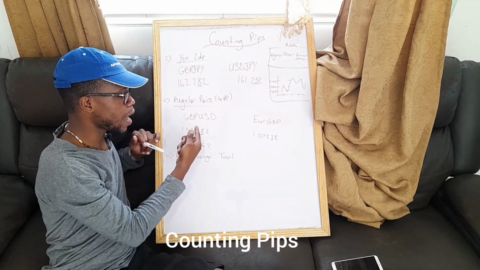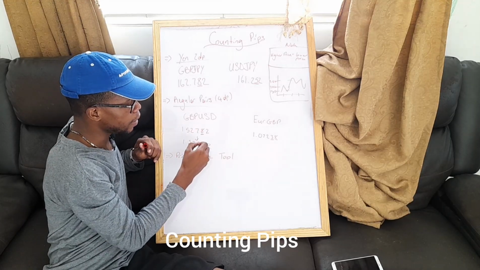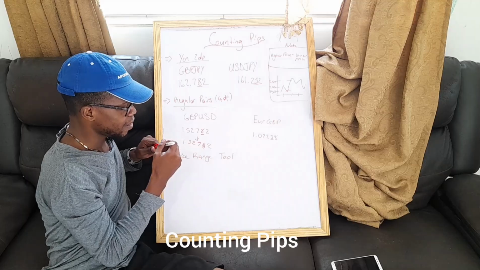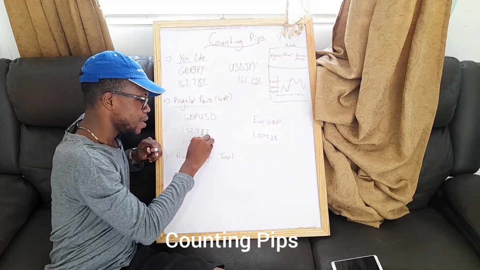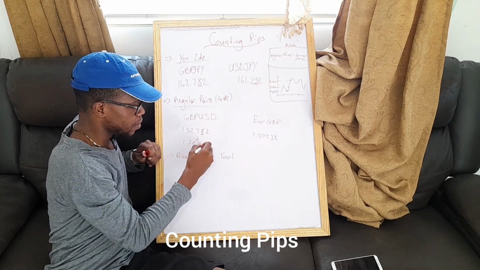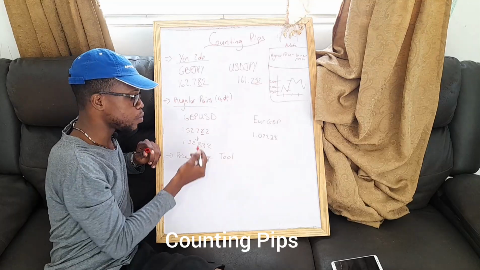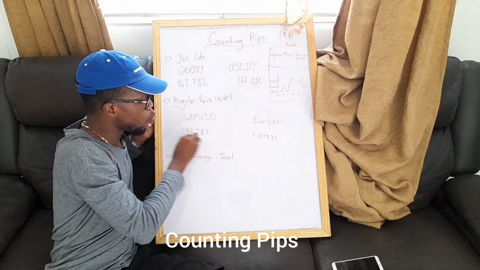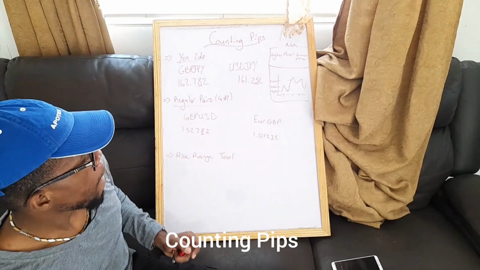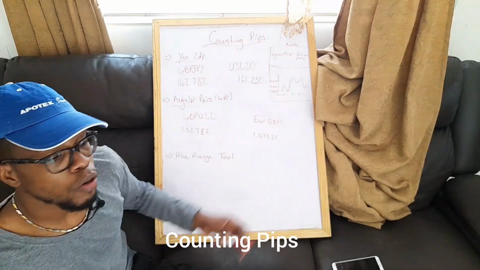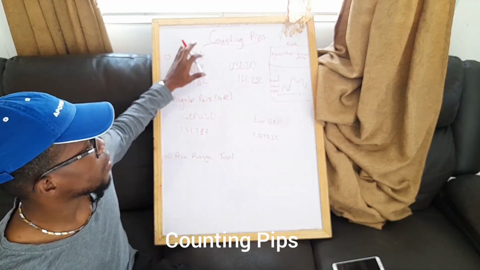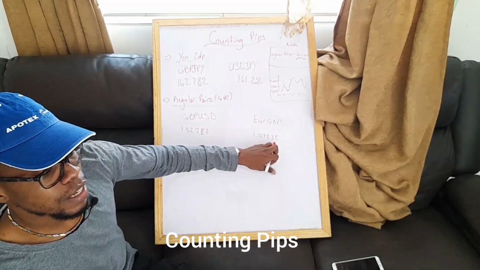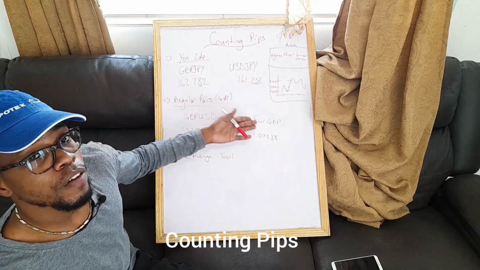Nothing too technical. You want to add 10 pips to this, then this would be 98. If you want to add 10 pips to this, then this would be 88, and if you want to add 20 pips to it, then it will be 98 instead. The same thing goes for every single pair outside of the yen category. You just focus on the second to last value, or the 4th value from the decimal point.